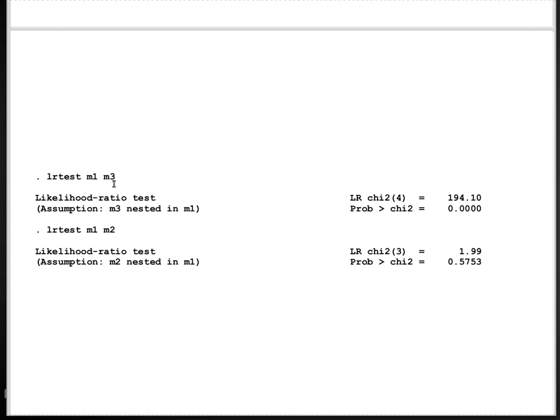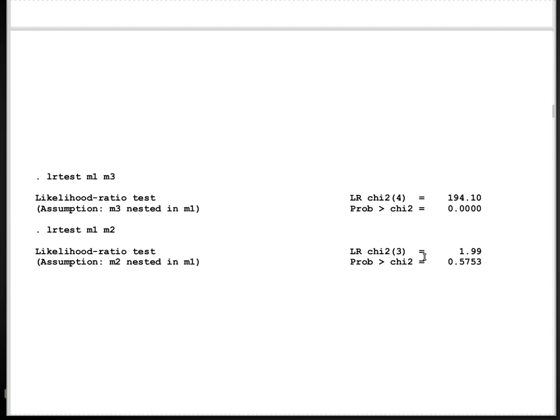On the other hand, if we were to do the same thing, comparing Model 1 with Model 2, you'll recall that what we saw in that instance was that the fitted values in Model 1 were almost the same as the fitted values in Model 2. And the likelihood ratio test essentially duplicates that observation.